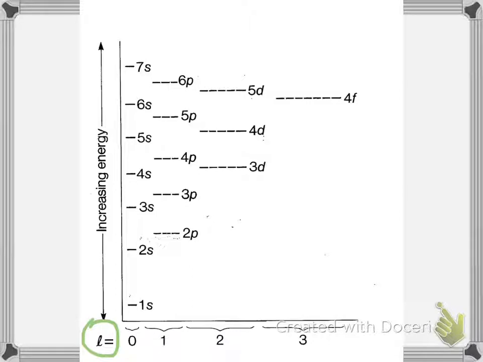Each principal energy level has a different number of sub-levels. So in the textbook, I think they use the phrase sub-shells instead of sub-levels, but it means the same thing. All right, basically sub-shell or sub-level is everything in the same principal quantum number.